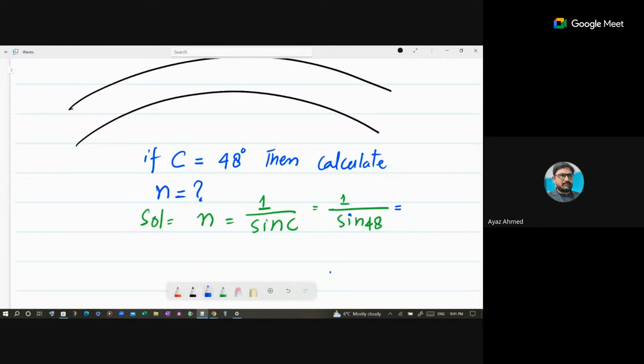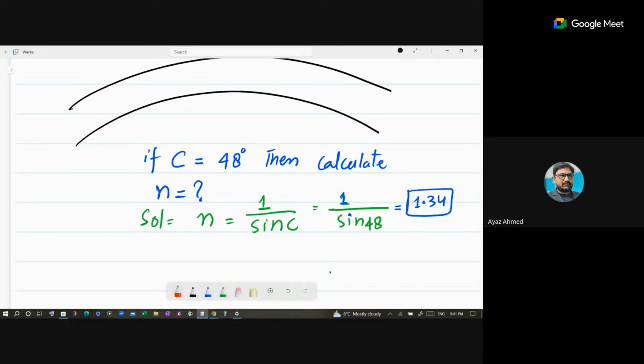Sine of 48, it is 1.34. Yes, Ariba, did you get that one? Yes, sir. So 1.34 is the refractive index of your optical fiber. Actually, both are correct. Minus 1.34 is also correct, it is basically 180 plus 48.